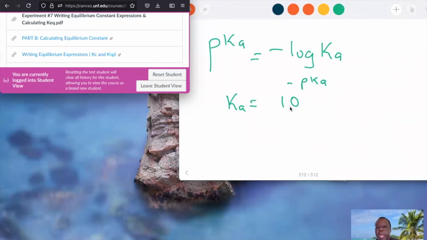So from here, if I'm given different acids with either their pKa value or their Ka value, I can identify the acid. So the objective for this lab is to perform the simulation of titration, and then identify the acid.